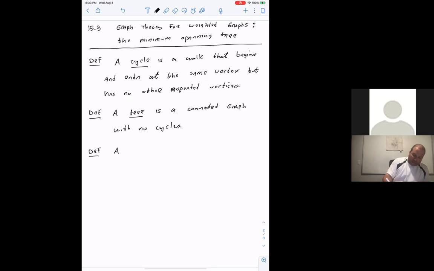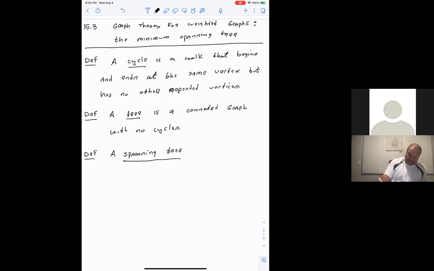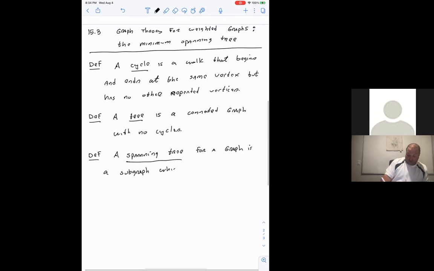Definition. A spanning tree, which is the opening title for the section, the minimum spanning tree. A spanning tree for a graph is a subgraph which is a tree and contains all the original vertices.